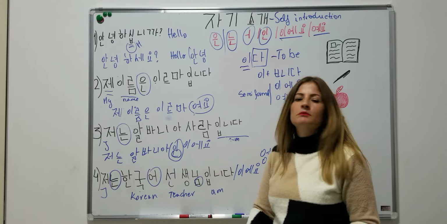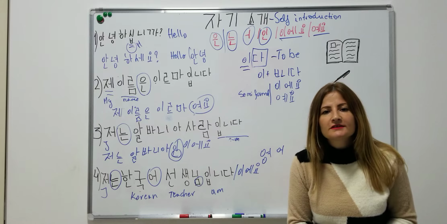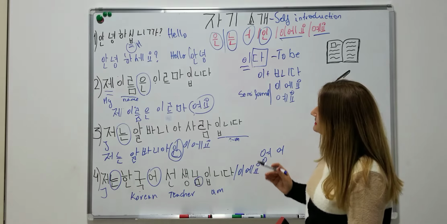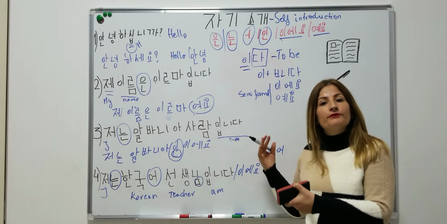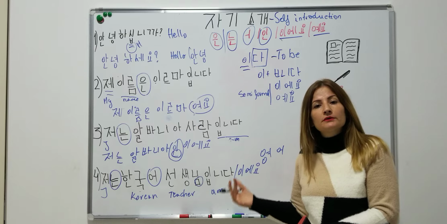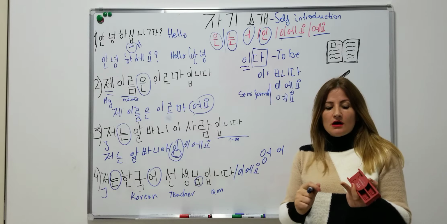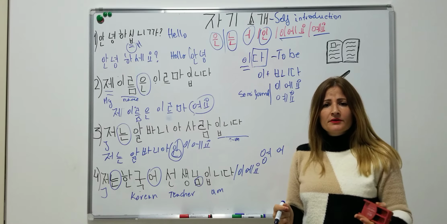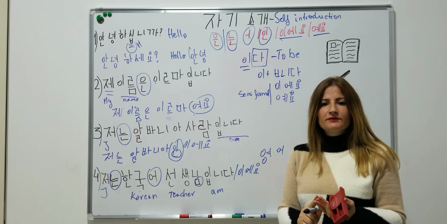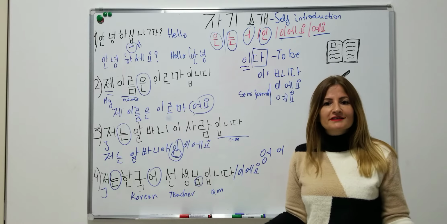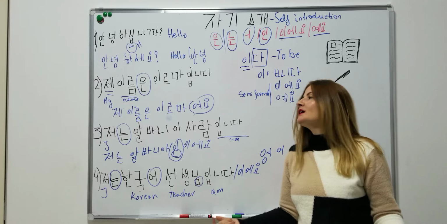Because 선생님 ends in a consonant. Okay, guys? So this is only the affirmative of the verb to be, because next time you will learn with other examples also the negative and also how to say the nationality or how to ask about the nationality.